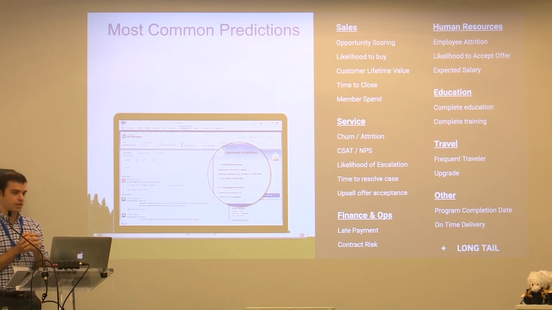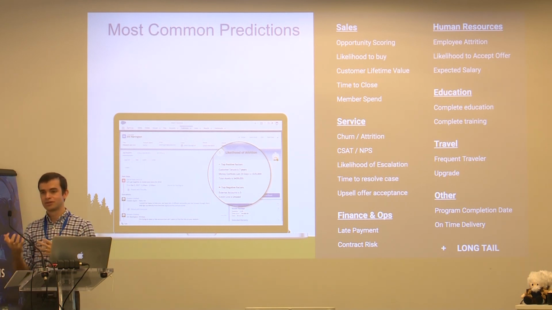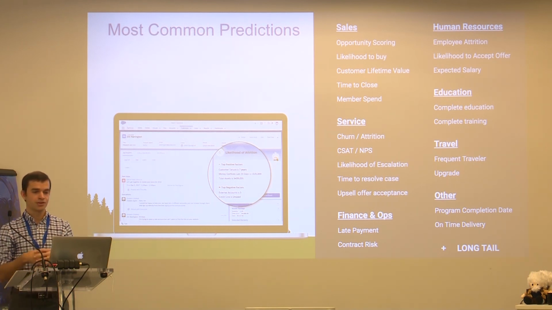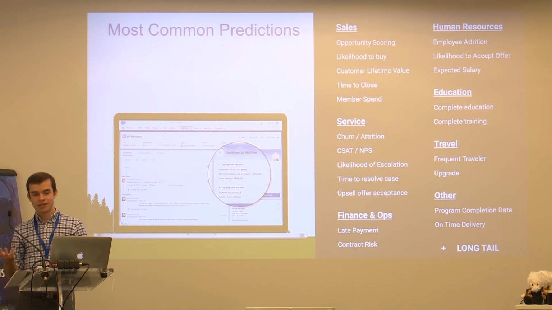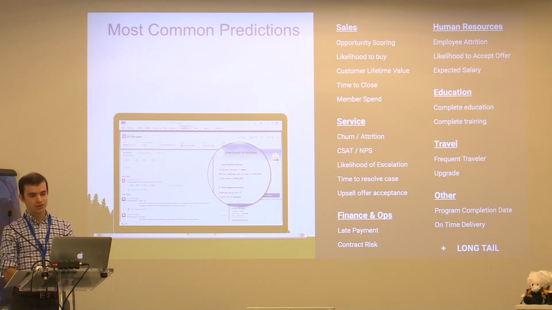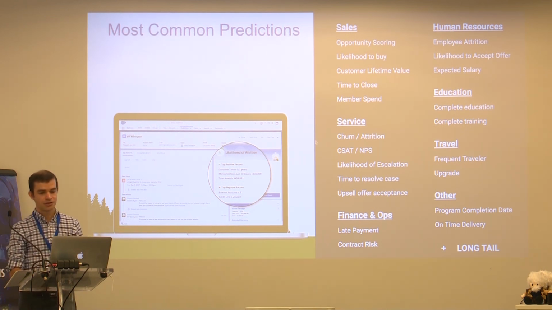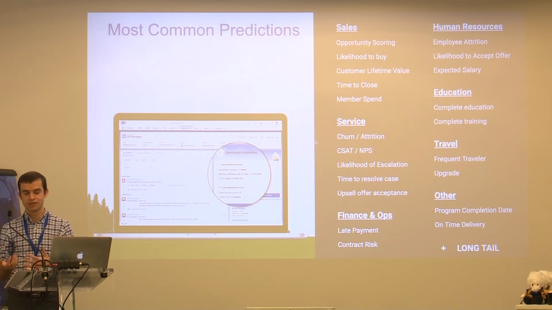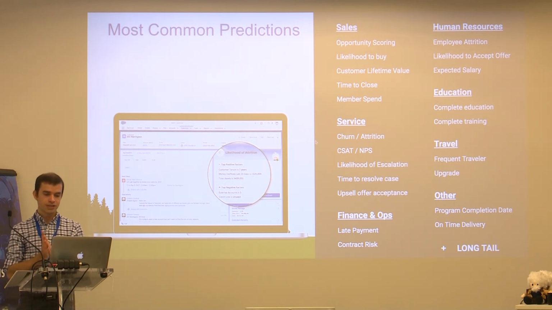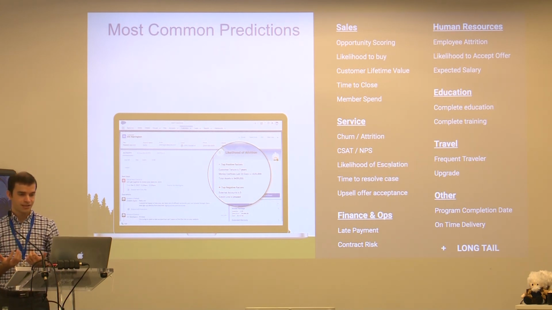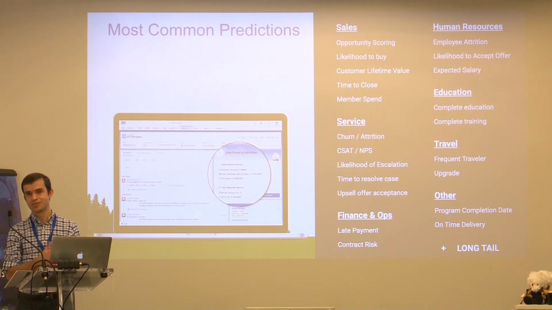Customers do it to score the likelihood of an opportunity to convert, likelihood of a customer to buy, the time to close a deal. If you're in service, customers like to predict their customer satisfaction, the likelihood of a case to be escalated, the time it's going to take to resolve a case, a day or 3 weeks or something.